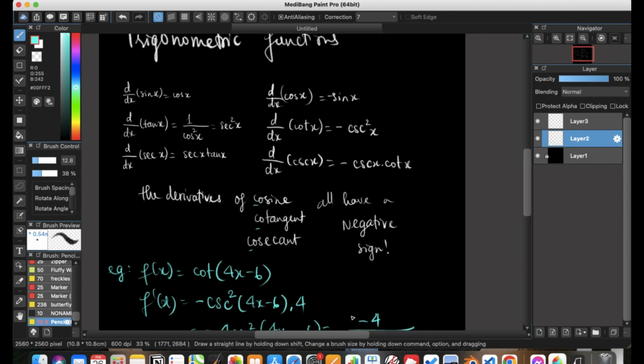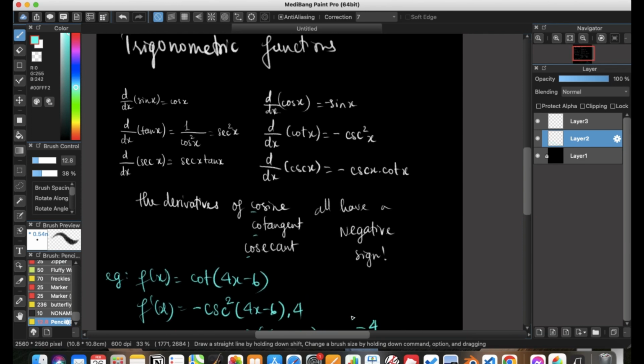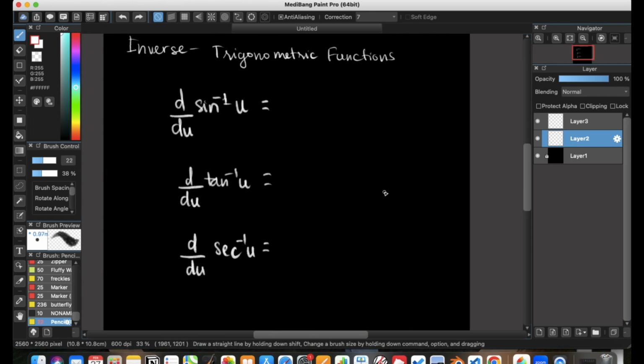So this is how we're going to tackle trigonometric functions. And now, there's something tricky coming up. Okay, now we're going to talk about inverse trigonometric functions. And here, I'm going to show you guys a tip to memorize all of these derivatives of the functions.